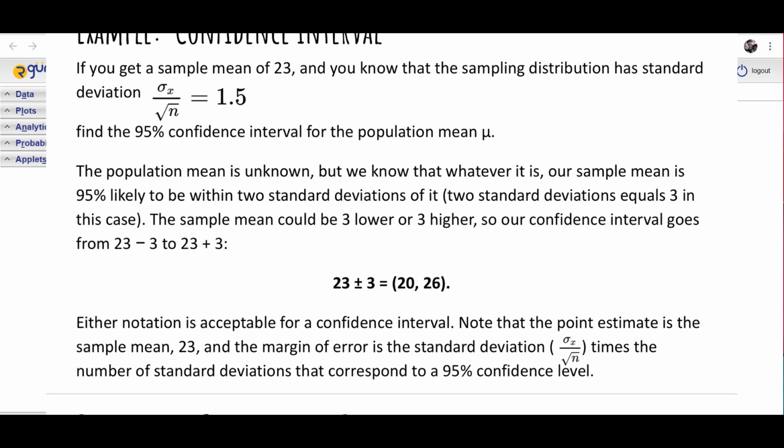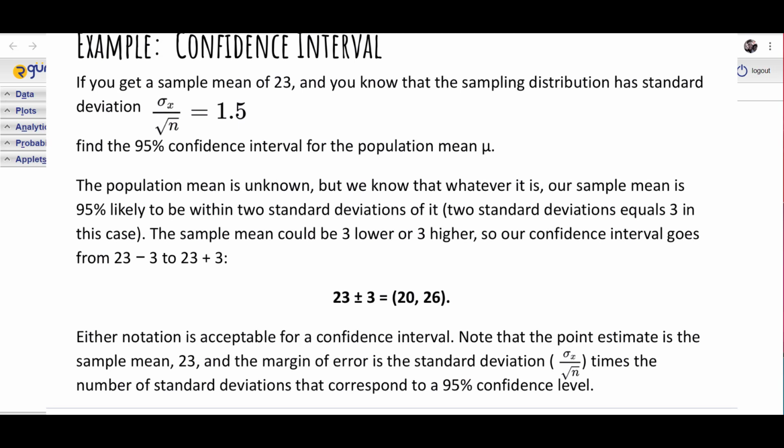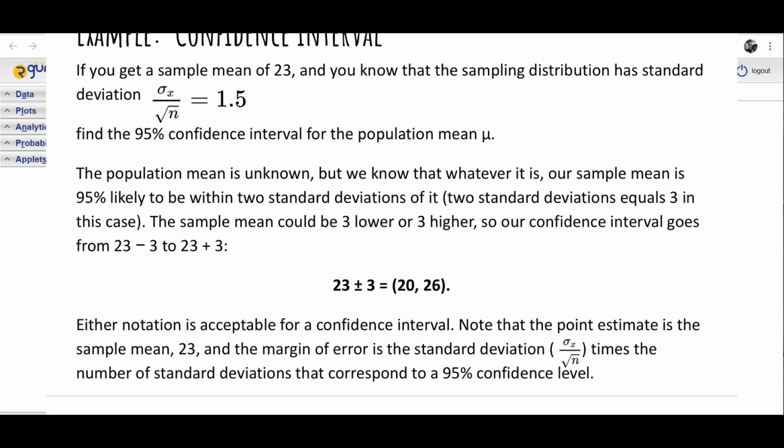So if you get a sample mean of 23, and you know that the sampling distribution has a standard deviation of 1.5. We're just saying hypothetically, if you already knew this, based off of what the problem gave you, you knew that the sample mean was 23, and you found the standard deviation and divided by the square root of n, and you got 1.5.